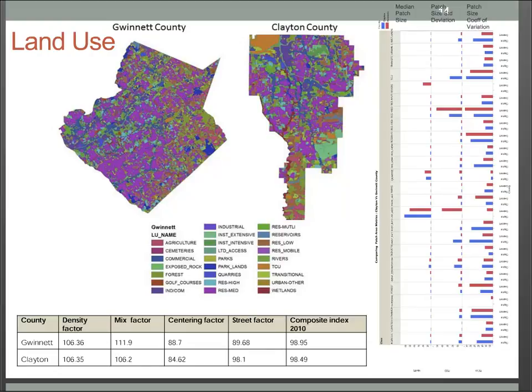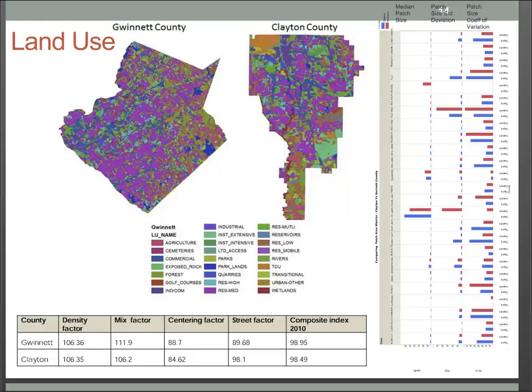But what I really set out to prove in my dissertation is that there's other ways of measuring land use patterns that might better capture certain health outcomes that sprawl doesn't really capture. Because if you look at the table on the bottom between Gwinnett and Clayton, you'll see that the sprawl index is very similar, but really their health outcomes are very different, right?